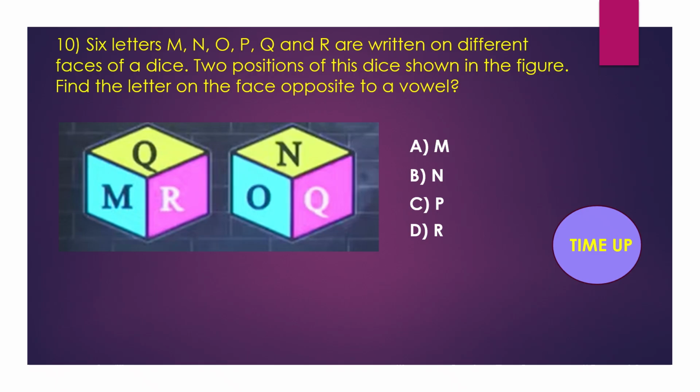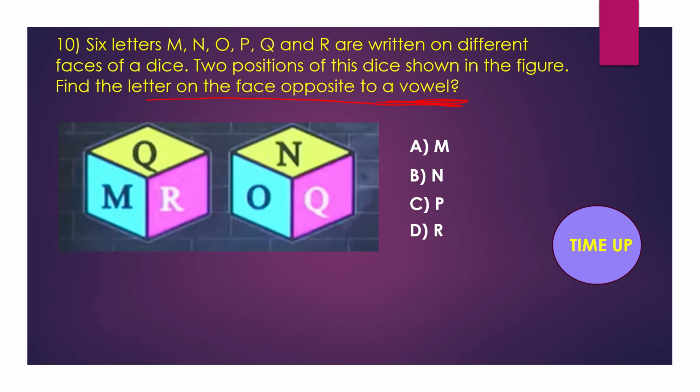So here the question says, six letters M, N, O, P, Q and R are written on different faces of a dice. Two positions of this dice are shown in the figure. Find the letter on the face opposite to a vowel. So they have said we need to find the opposite of a vowel.